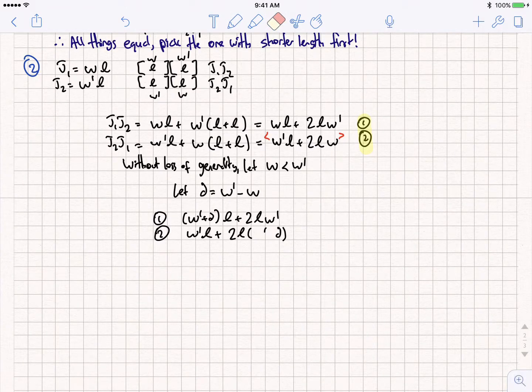So these should actually be minus here. Oops. Minus D. W prime minus D.